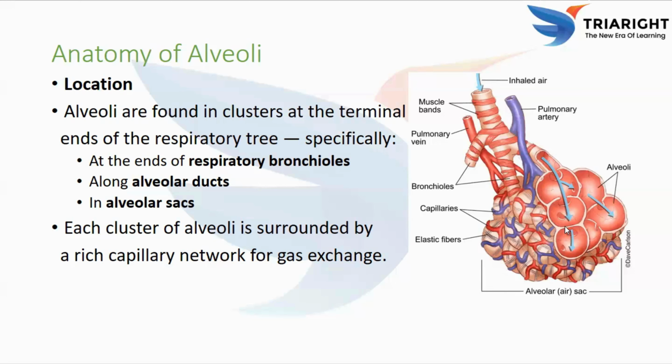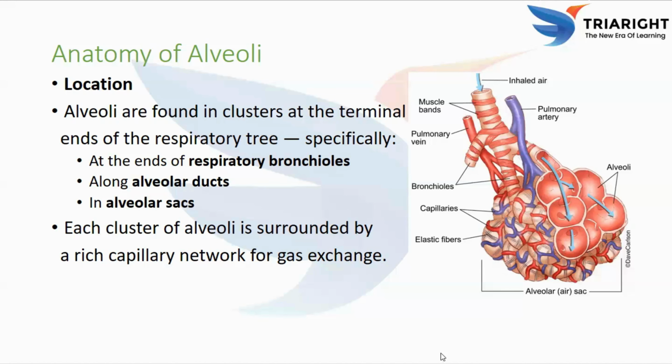As I said, these are located at every end of the respiratory tree, which means they are the last part where air finally reaches before the gas exchange happens. So where are alveoli found? These are found in clusters. Alveoli are not a singular structure, right? You can clearly see they are grouped structures, grouped in clusters just like a bunch of grapes.